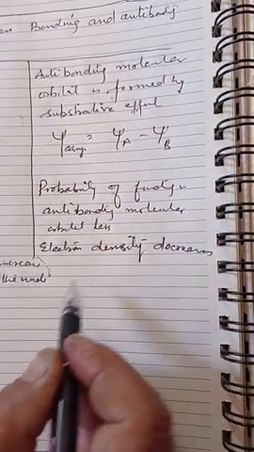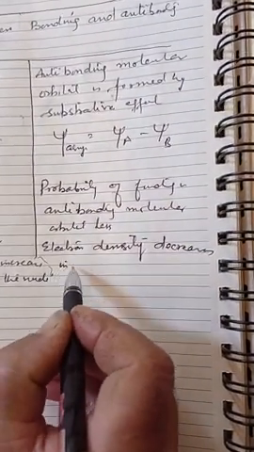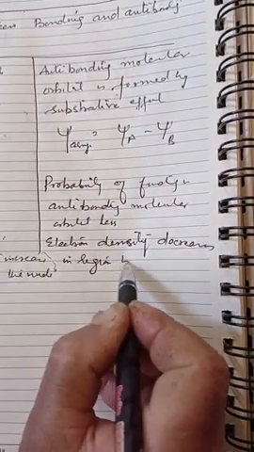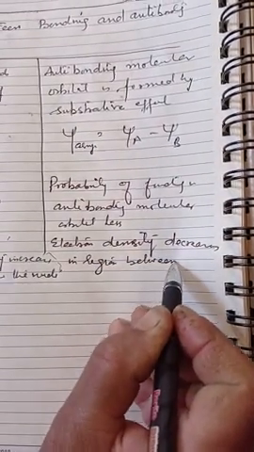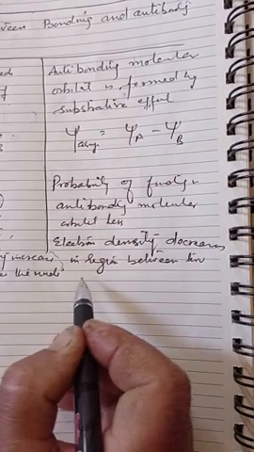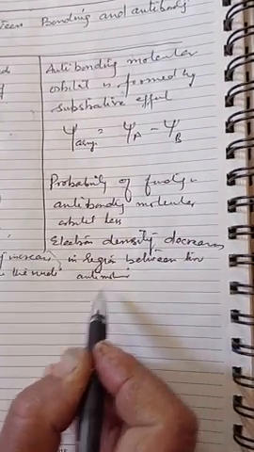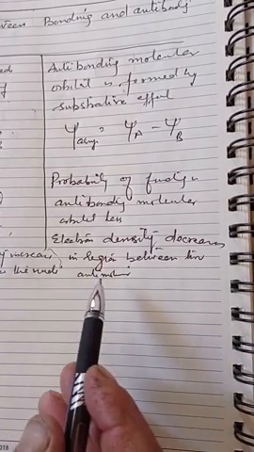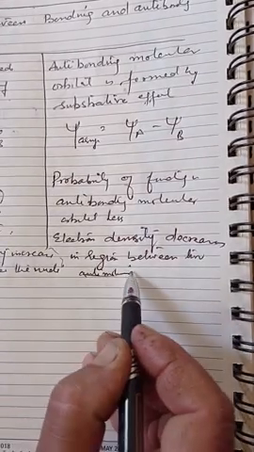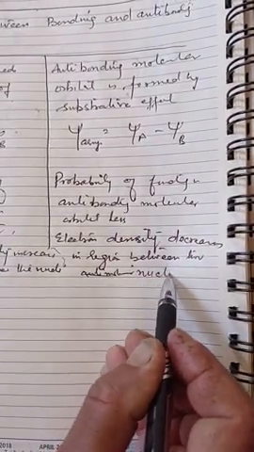Electron density decreases in the region between the two nuclei in the case of anti-bonding molecular orbital.